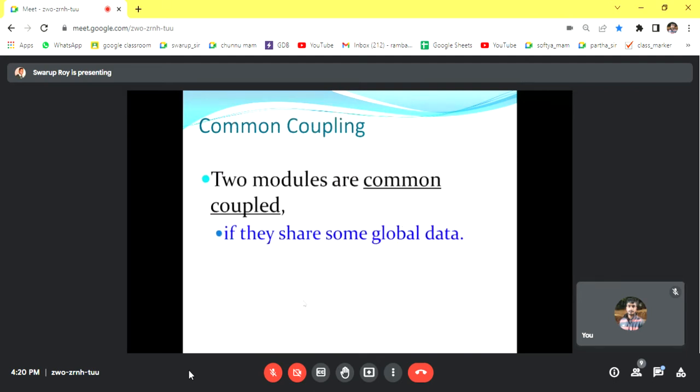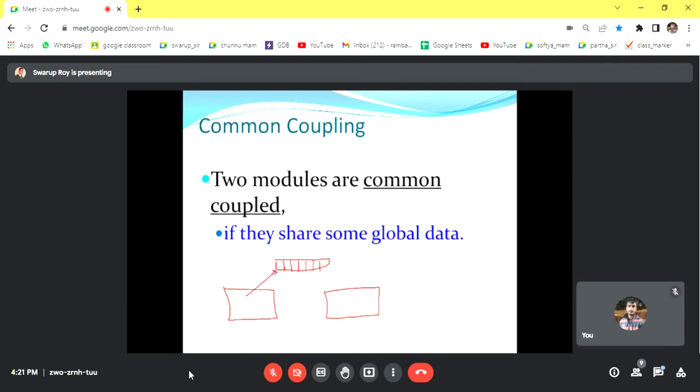Now what is common coupling? Common coupling means two modules are accessing the same global data. If they are sharing the same global data, then we call it common coupling. For example, there are two functions, and say you have declared a global array, with some records in it.